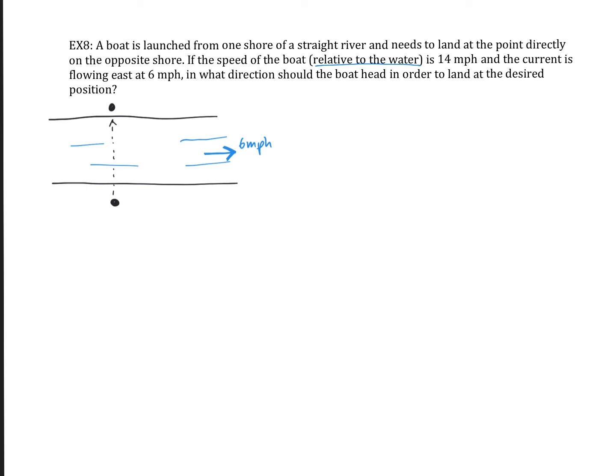So let's go ahead and write down what we know so far and attach our variables to it. So let's write our let statement. Let u equal what? That'll be the boat. And what do we know about the boat? Well, the magnitude is 14 miles per hour without the water affecting it. And then v, we'll let that be the current. And we know the magnitude of the current is 6 miles per hour.